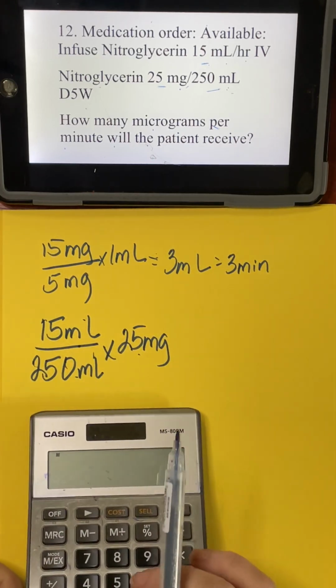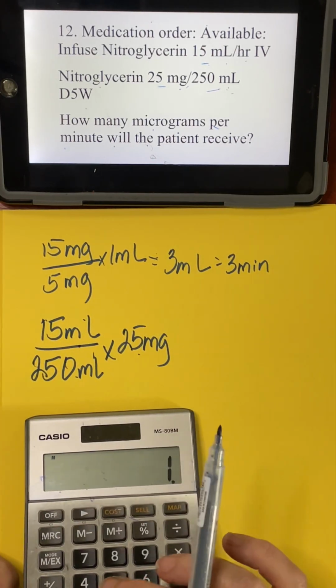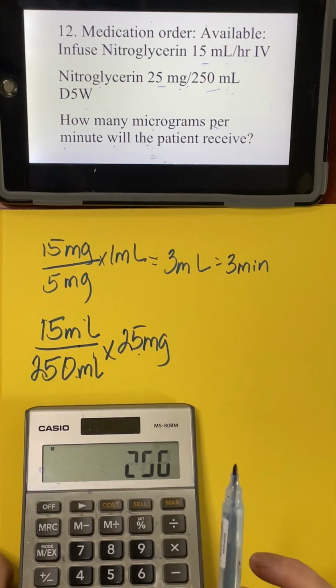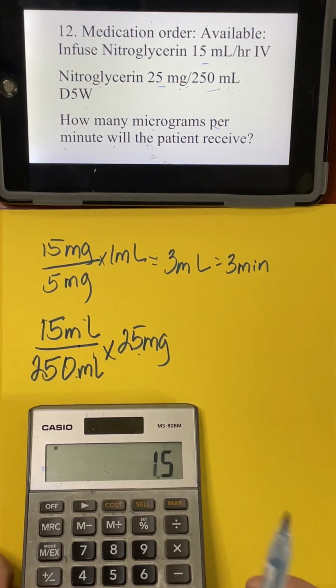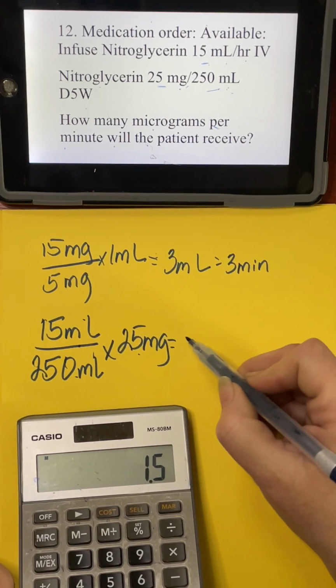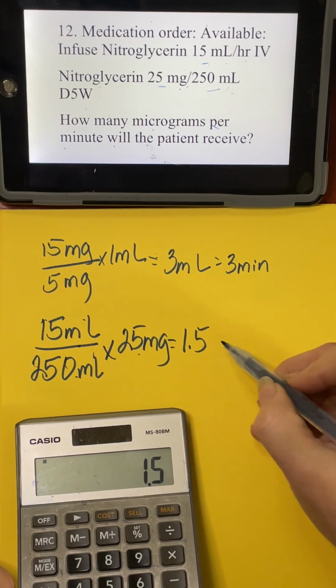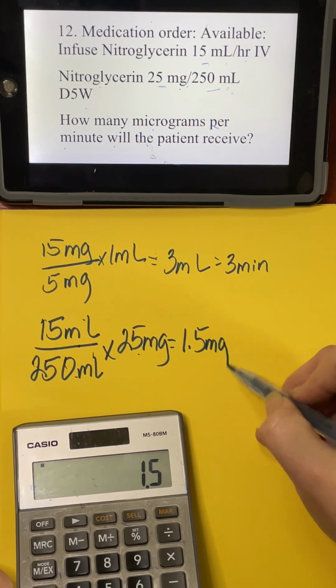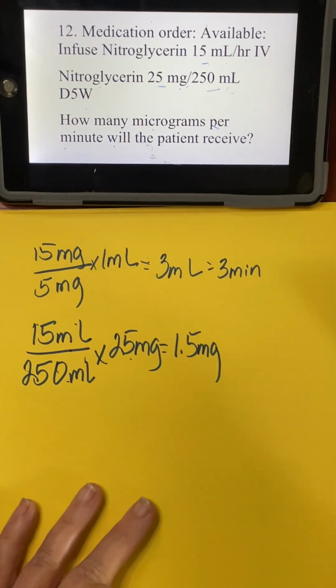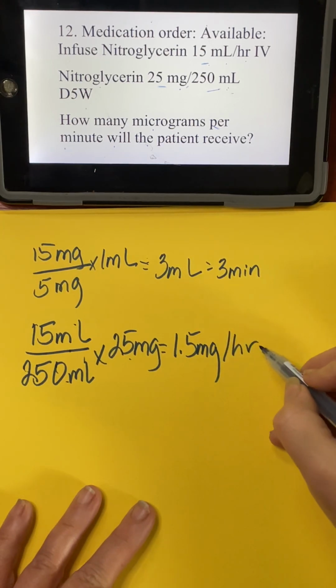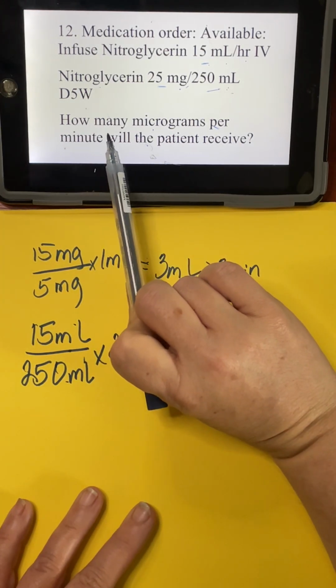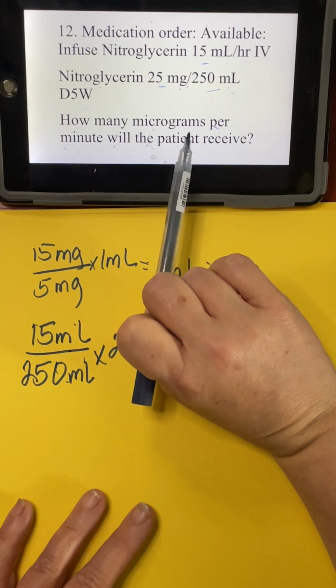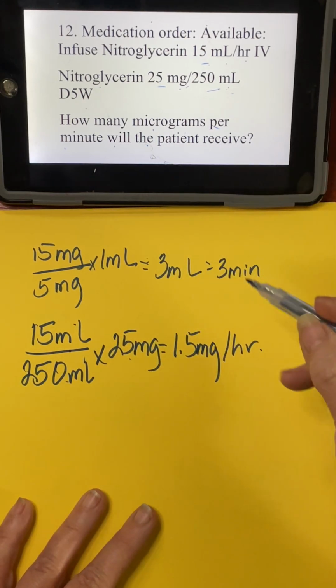Let's do it. Clear your thing. 15 divided by 250 equals times 25. That will equal 1.5 milligrams. This is per hour. But you know Ethel, she wants to know micrograms, so let's just start there.